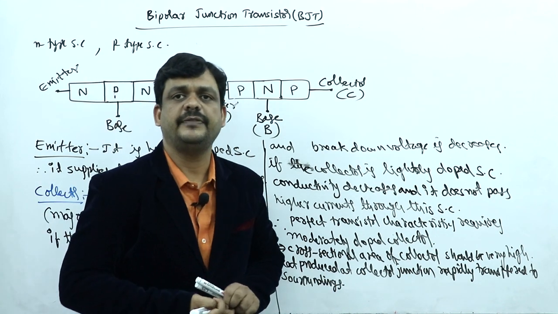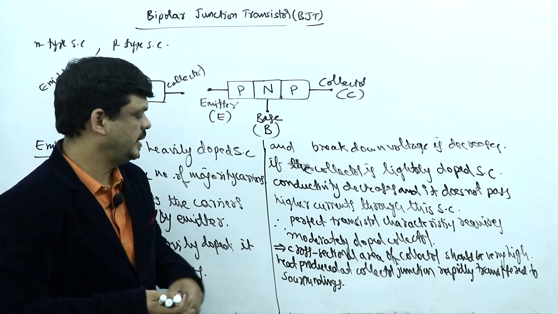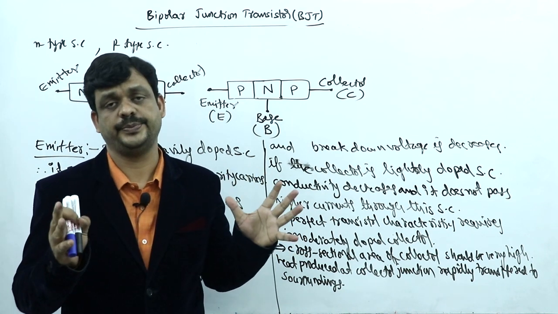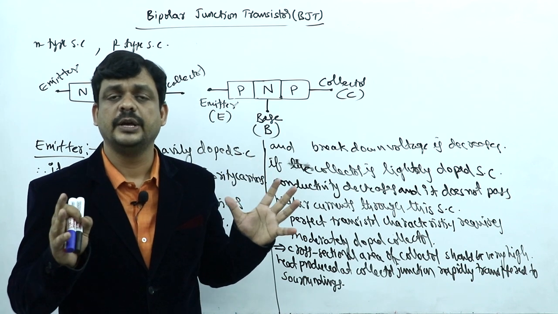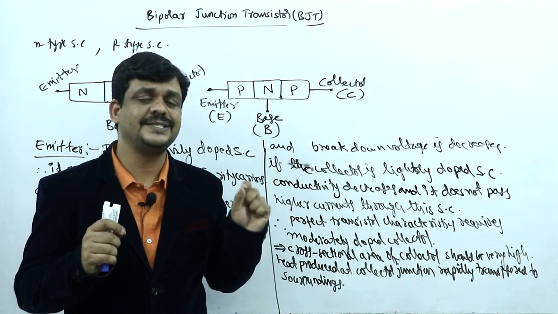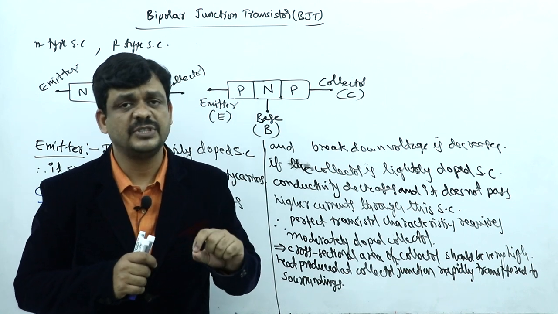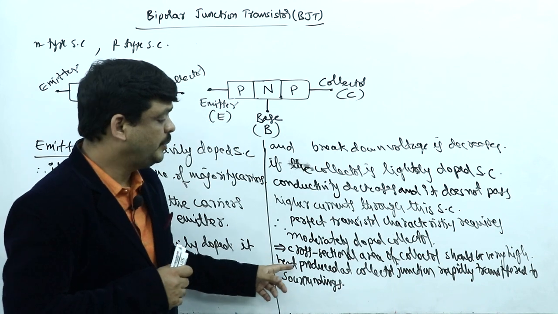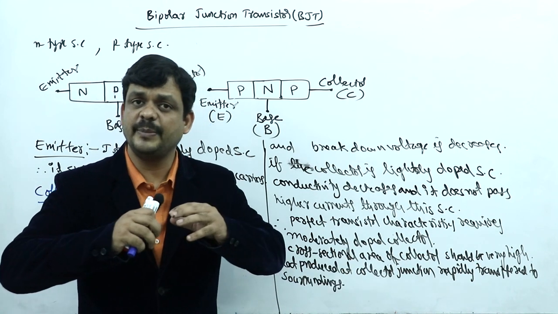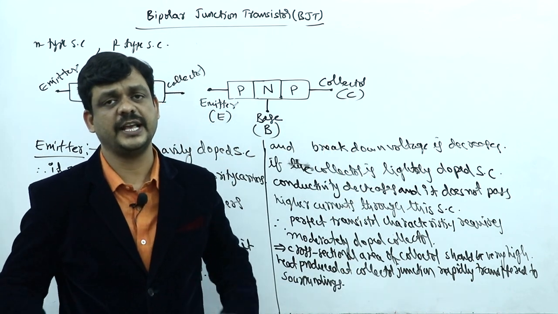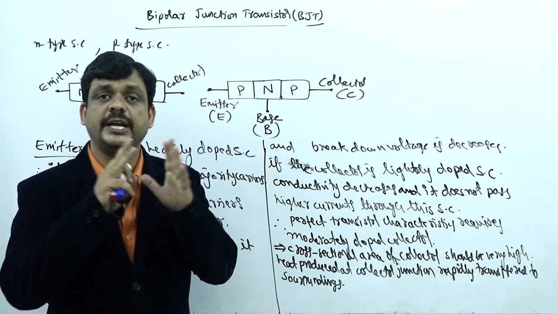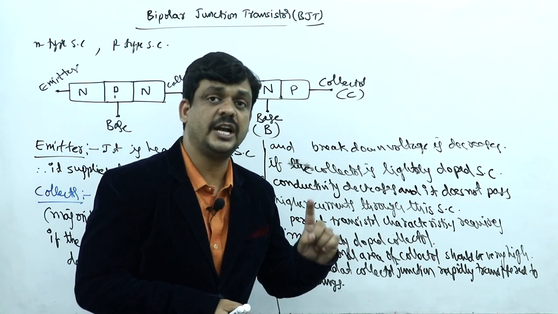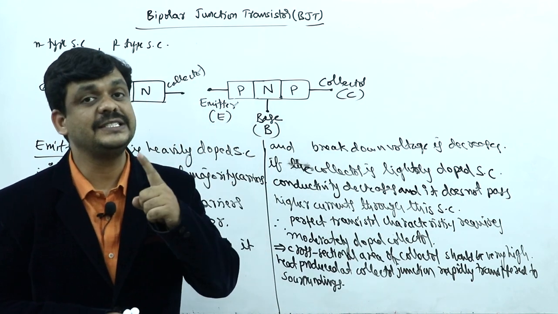That's why another important condition is that the cross-sectional area of the collector should be more, because the collector junction always operates in reverse biased condition. In that reverse biased condition, it produces heat. So the heat produced at the collector junction is rapidly transferred to other devices like the surroundings. For that purpose, it requires a large cross-sectional area. So the cross-sectional area of the collector is very high and the doping level is medium.